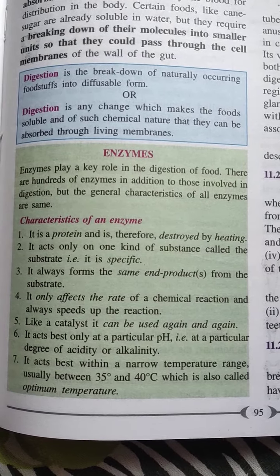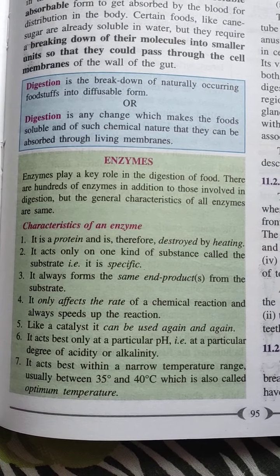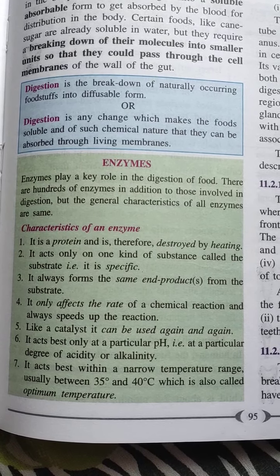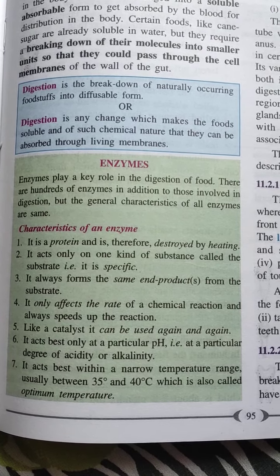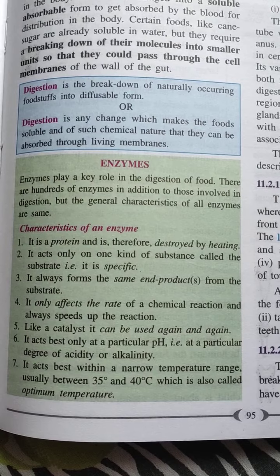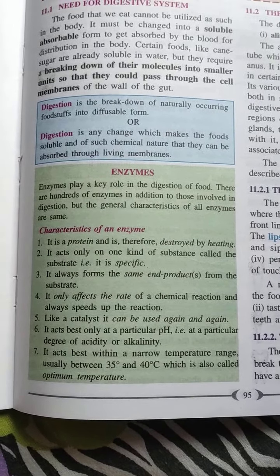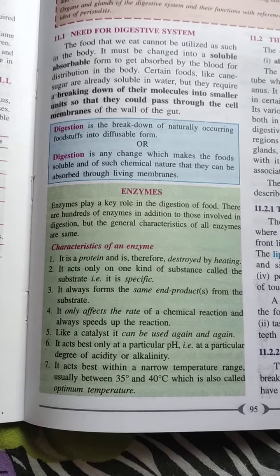Now, what are the characteristics of an enzyme? They have given 7. At least 5 to 6 you have to learn. It's a protein and is therefore destroyed by heating. It acts only on one kind of substance called the substrate, that is, it is specific. Now, you must remember that enzymes are specifically protein in nature.